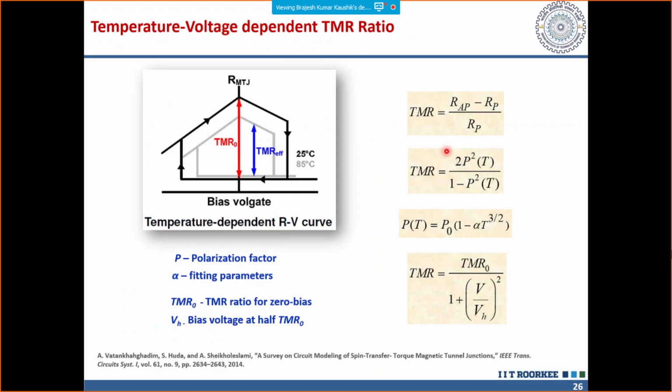Now, if you see furthermore, the temperature and voltage dependent TMR ratio, how does it change? This is something which was really a big deterrent to most of the spin-based designs prior to maybe 1990 or 2000.